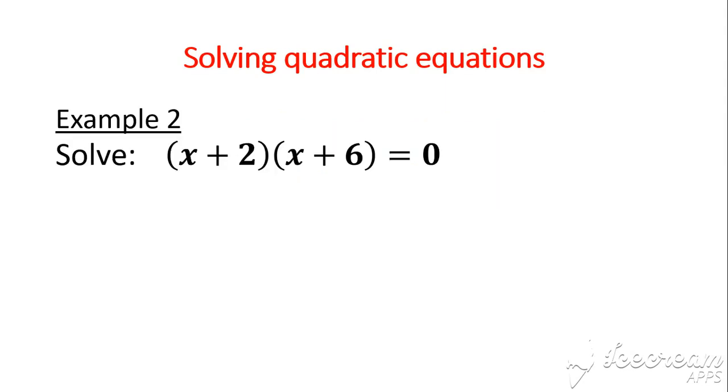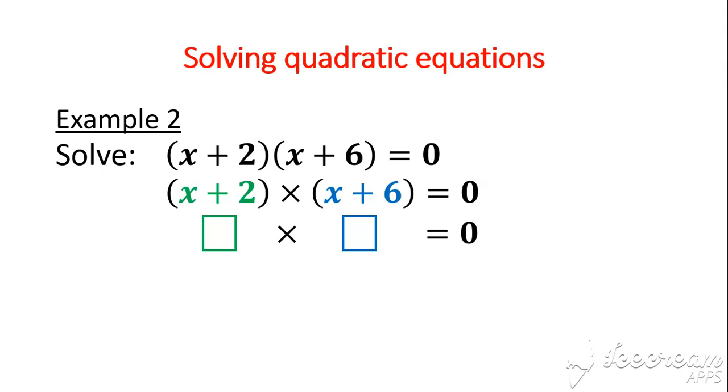Right, let's move on to example 2. Let's solve this one. x plus 2 times x plus 6 is 0. So, my first bracket is x plus 2 times my second bracket, x plus 6, is 0. So something times something is 0. So my first bracket could be 0, or my second bracket could be 0. So my first bracket, x plus 2, could be 0, or my second bracket, x plus 6, could be 0.